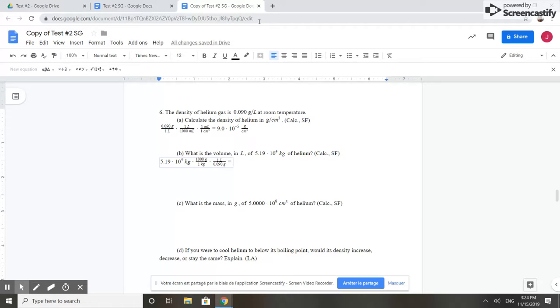And then I'm going to round this to 3 sig figs. So that's a whole lot of liters of helium.